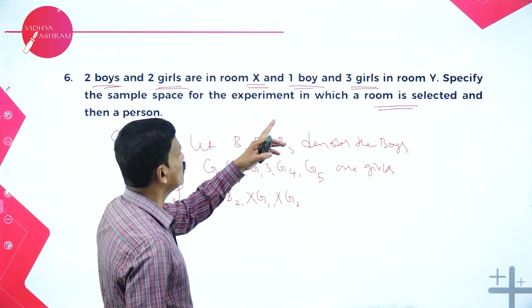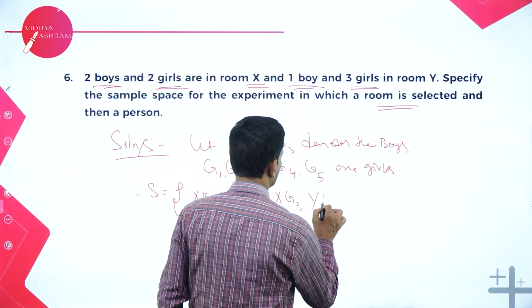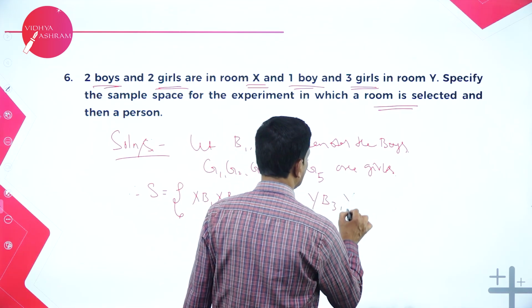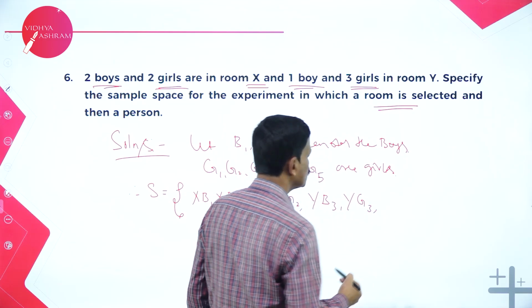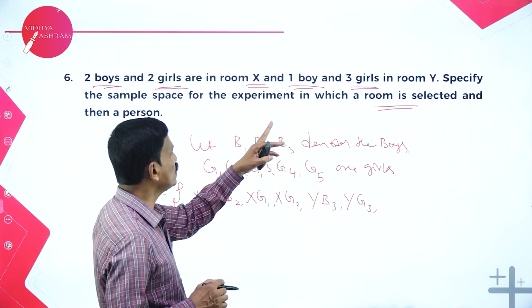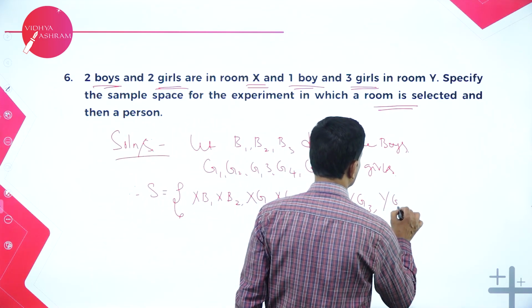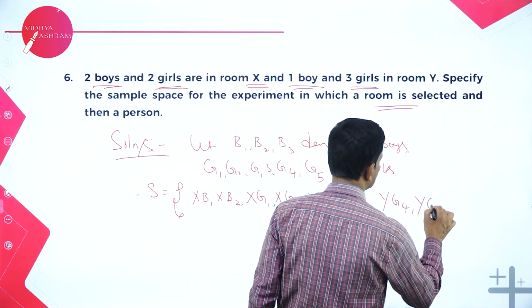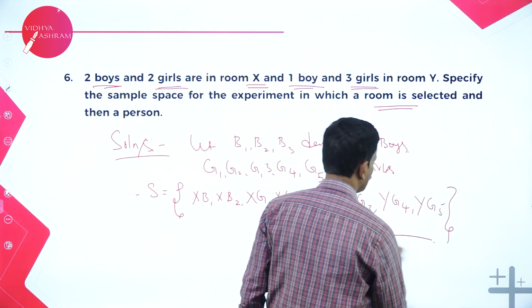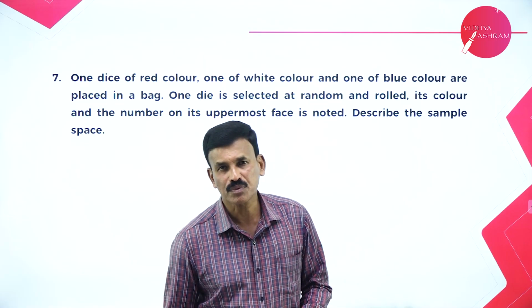And 1 boy and 3 girls in Y. So, Y into B3 and Y into G3, Y into G4 and Y into G5. This is how we are going to write the sample space. That's it. Now, move on to the next problem.